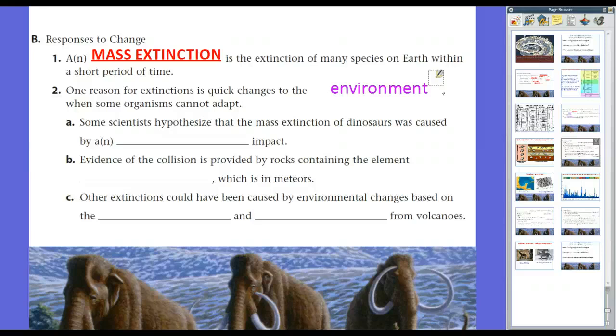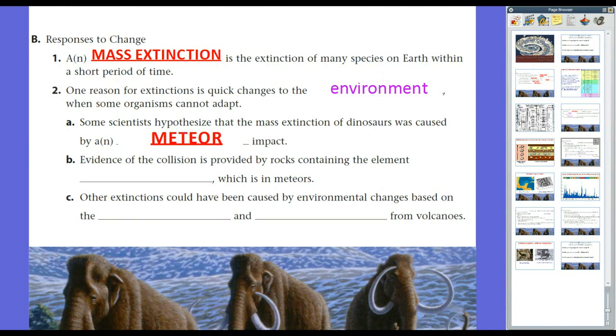Essentially a meteor hit the Earth, large amounts of dust and stuff were put into the air, skies got really dark, which means it got really cold, which means it snowed, which means the dinosaurs couldn't cope with the cold weather because the plants died because they weren't exposed to the sun. Dinosaurs couldn't eat, they got cold, they froze to death, they died. Who was left? The organisms that could adapt, which means they had warm blood, they had fur: mammals. Okay, so some scientists hypothesize that the mass extinction of dinosaurs was caused by a meteor impact.